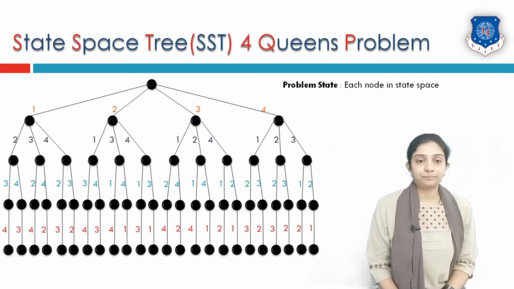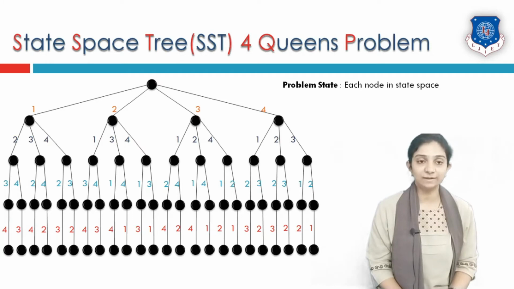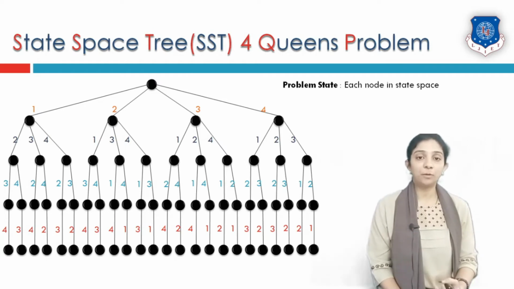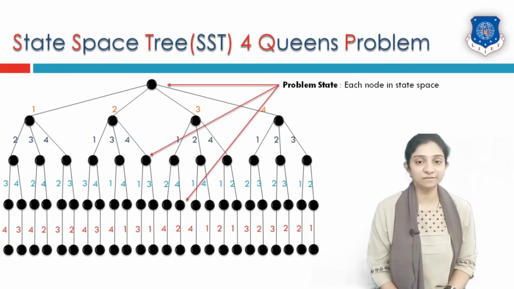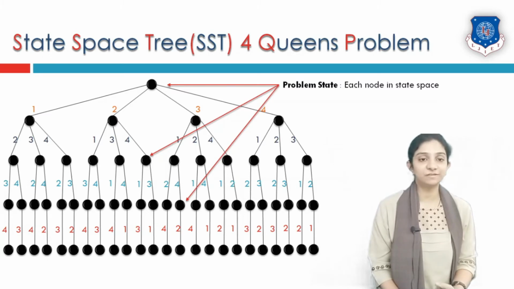Problem state. Now, the complete tree that we have generated is called as state space tree, in which each node is called as state of a problem. A problem state is a node given in state space tree. So any node that you consider over this particular tree is problem state.